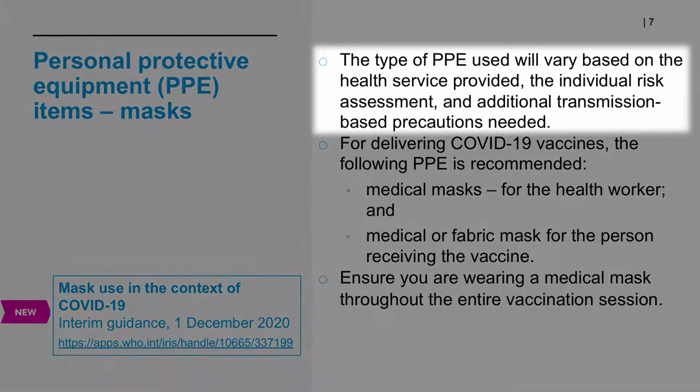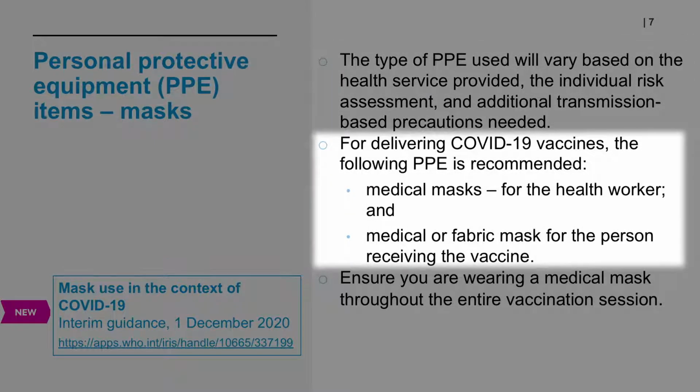The type of PPE recommended is based on the health service provided, the individual risk assessment, and the additional transmission-based precautions needed. For delivering COVID-19 vaccines, the following PPE is recommended. Medical masks are recommended for the health worker. And for the person receiving the vaccine, they are to wear either a medical or a fabric mask.